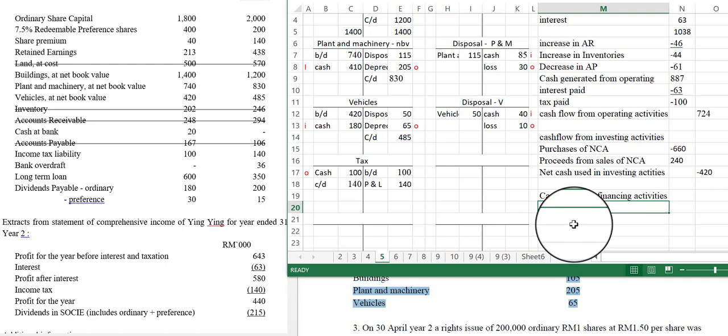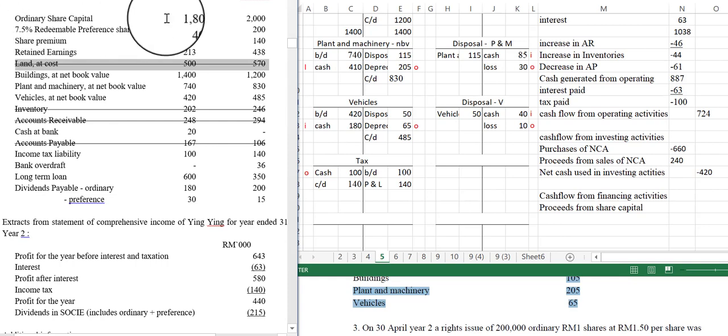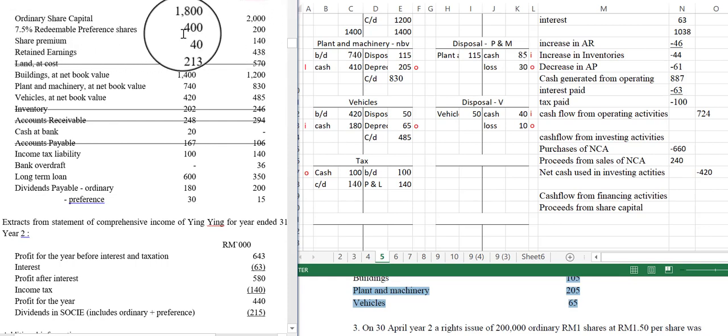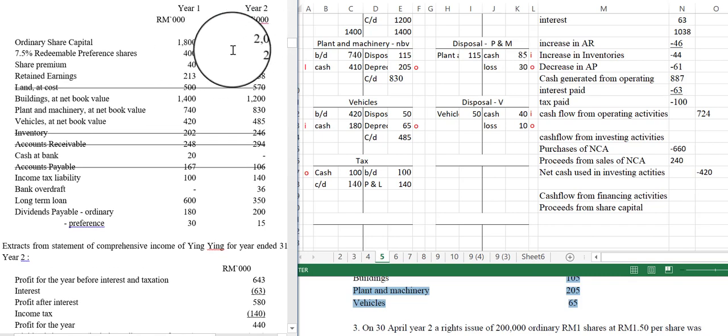Okay, and next, now you have the cash flow from financing activities. So financing is always equity and long-term loan. So if you look at this, proceeds from share capital. Now here it's from 1008 to 2000, and here it's from 400 to 200. So it's an increase and it's a decrease.